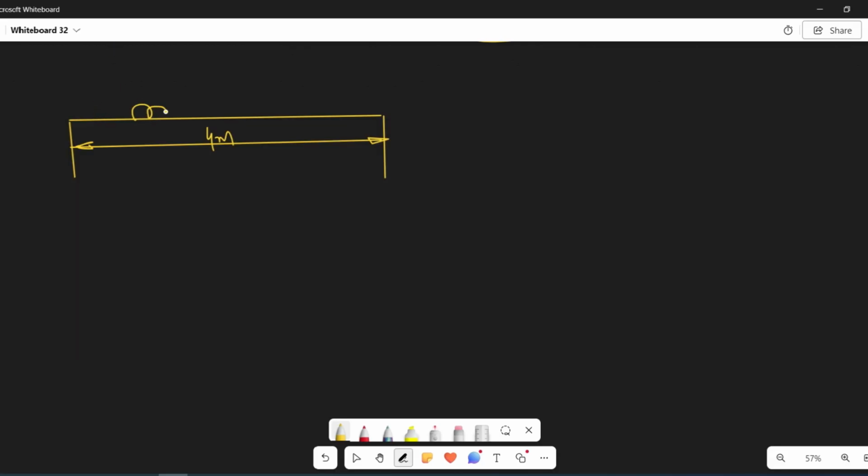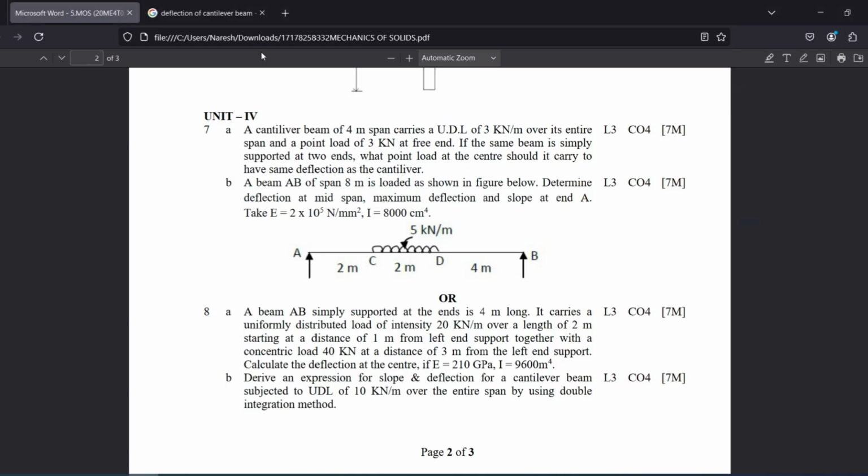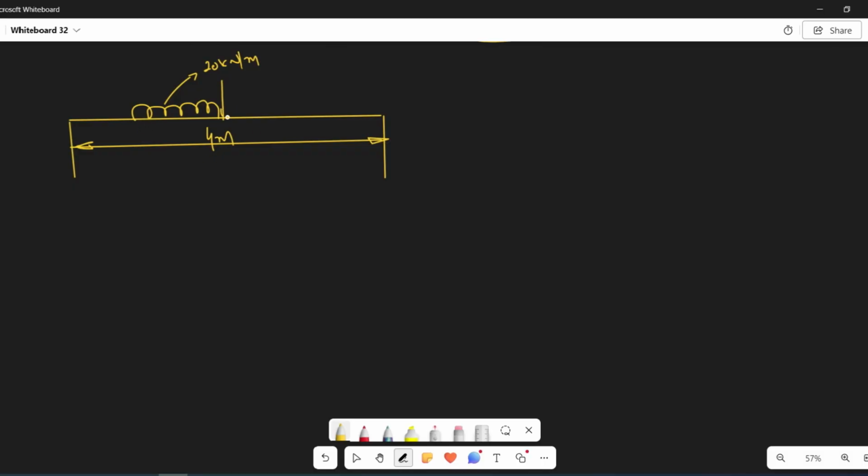Okay, after 1 meter, what you have to identify is the bending moment. For that, you take x value up to this, because within this range the maximum bending moment is there.